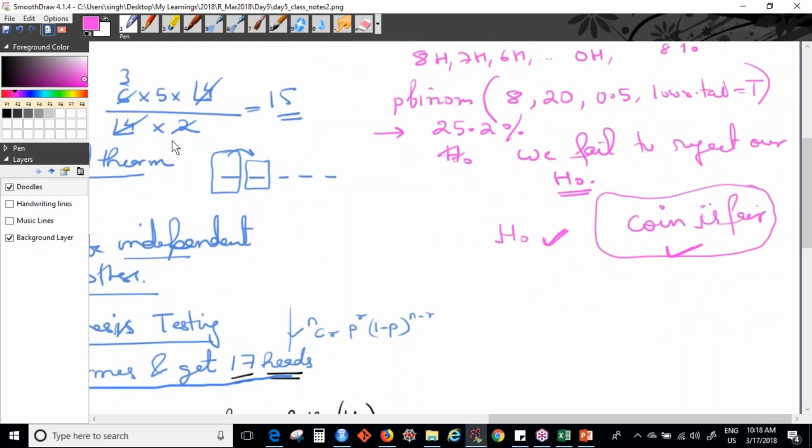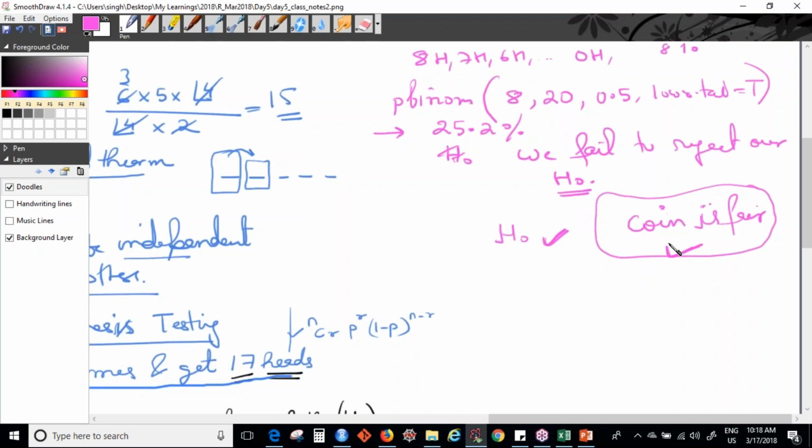Okay. Now we never say that we accept our alternative. When you fail to reject your null hypothesis or when you reject your null hypothesis, it is another way of saying that we are accepting our alternative. But that terminology is not used.